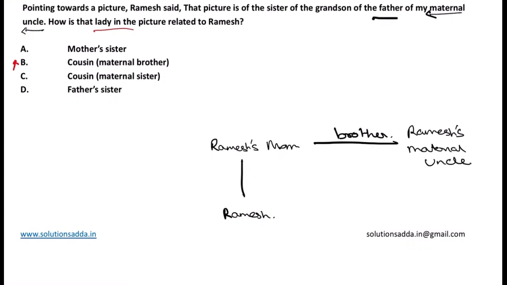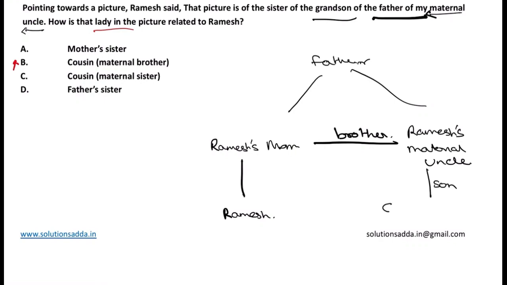Now, father of the maternal uncle, that is either father of Ramesh's maternal uncle or Ramesh's mom. So, father. Grandson of the father will be Ramesh's maternal uncle's son.